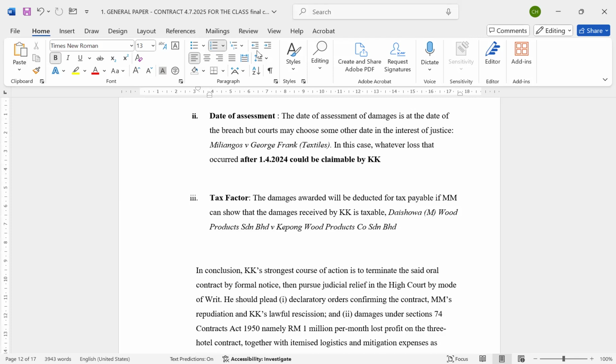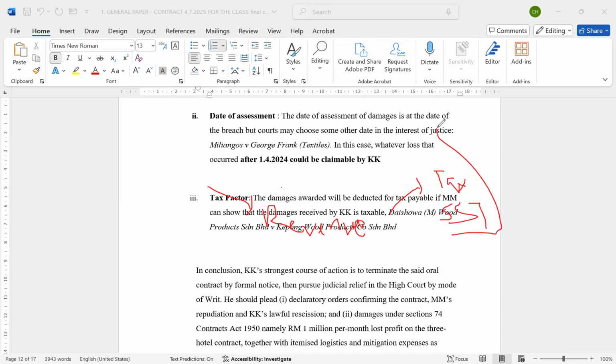Okay, another issue that you must not forget is that whatever revenue comes into KK Toiletries must be subject to income tax, SST. Correct or not? So this will be deductible if there is any tax payable on the part of KK.